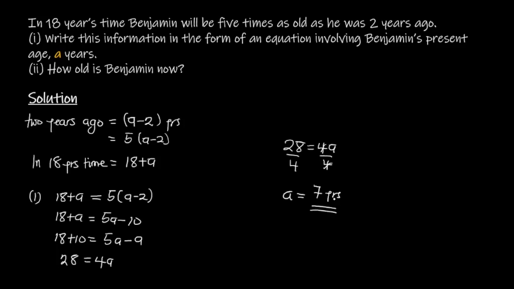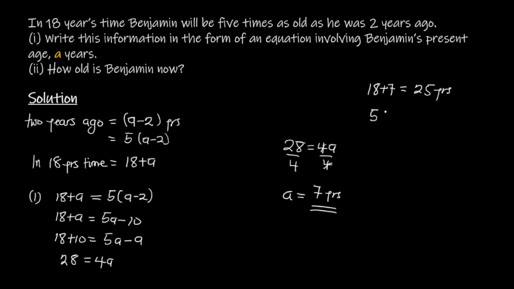So if Benjamin is 7 years right now, it means in 18 years time, Benjamin will be 18 plus 7, and that will give us 25 years. So in 18 years time, Benjamin will be 25 years old. And let's see whether that is 5 times as old as he was 2 years ago.